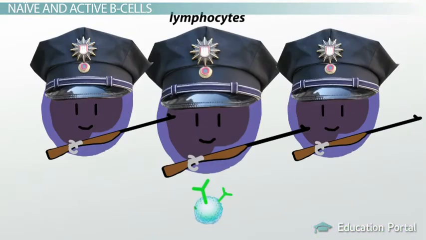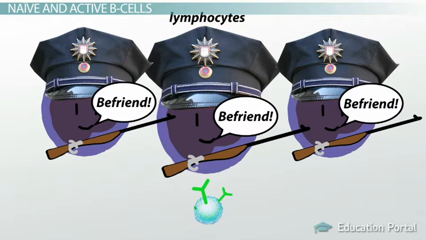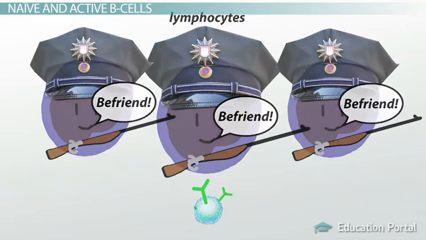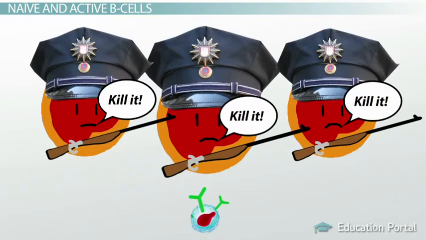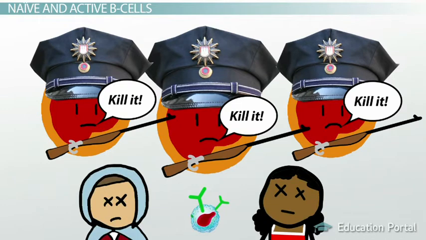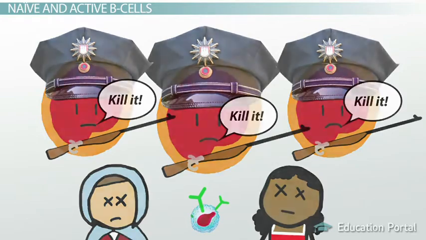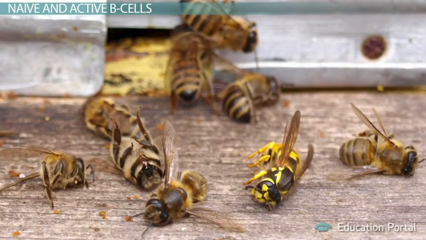In addition to being born to recognize foreign invaders, B cells are also trained to avoid attacking our own body cells. This is critical, for if B cells were to produce little molecules called antibodies to attack anything they come across, we would die very quickly as our own immune system would attack and destroy our own body cells. It's akin to the bees and beehive.